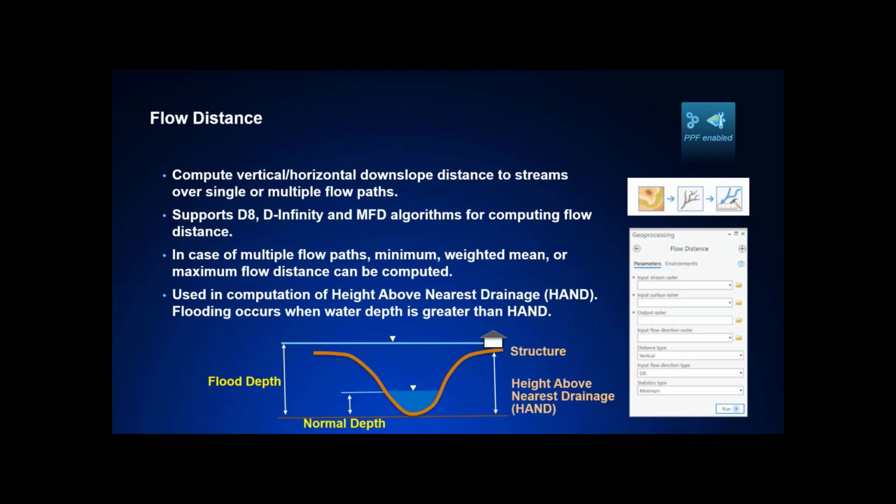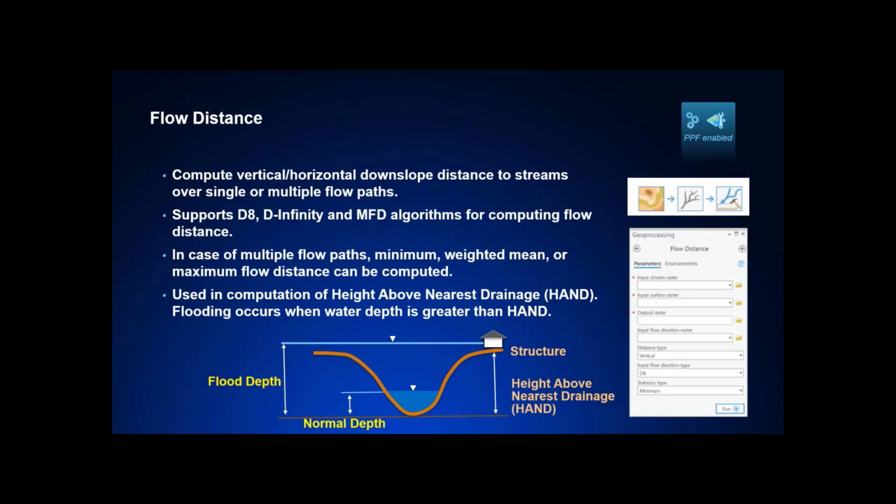I will not talk about all of these functions, but will highlight the flow distance function that is used in calculation of HAND values. The tool computes vertical or horizontal distance from cells to the nearest stream cell following single or multiple flow paths. The vertical flow distance is also referred to as HAND, or height above nearest drainage.